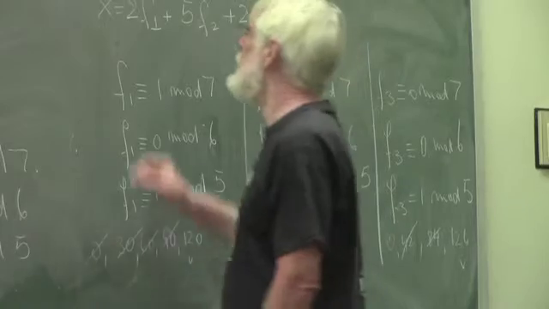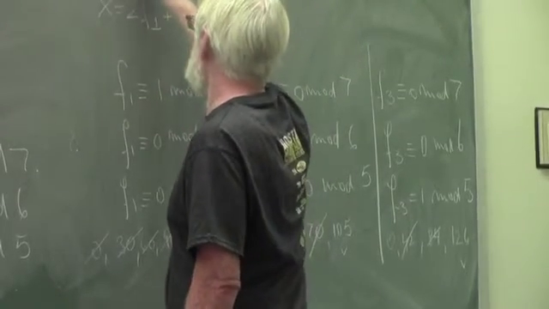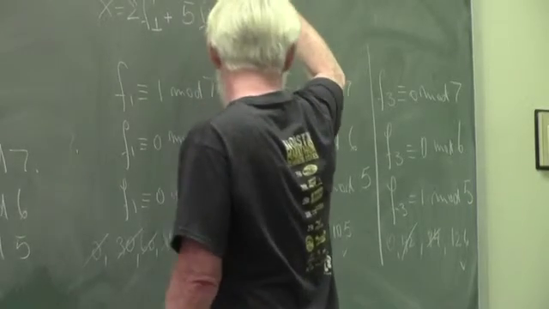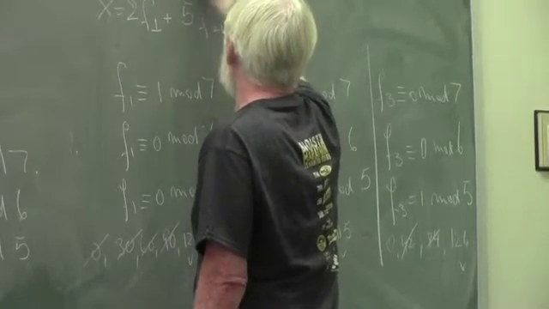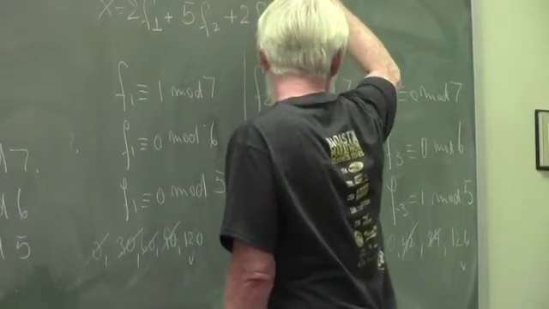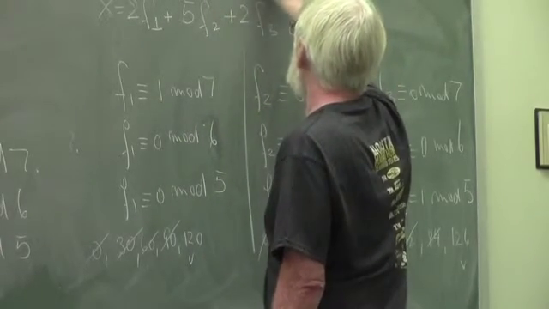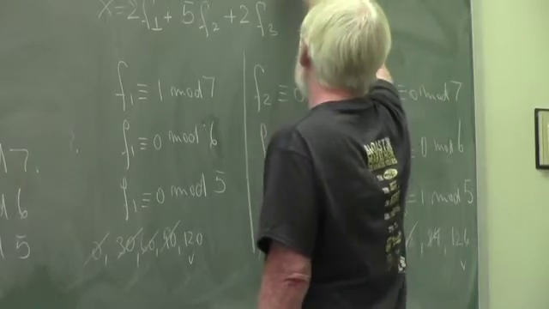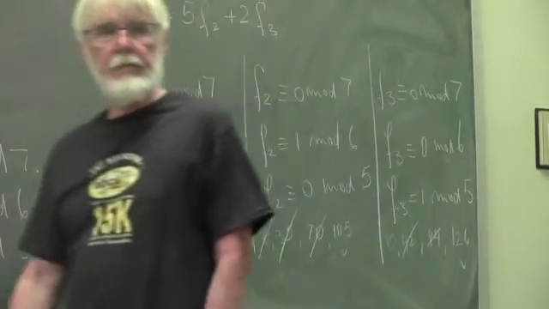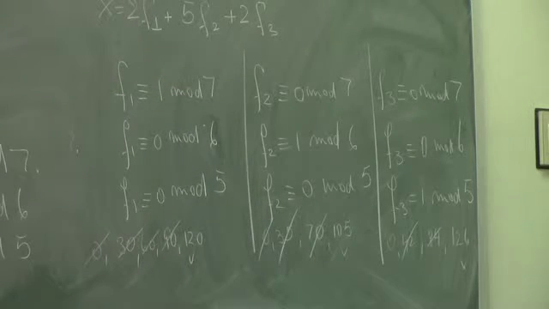So X would be 2 times 120 plus 5 times 105 plus 2 times 126. So what is that?